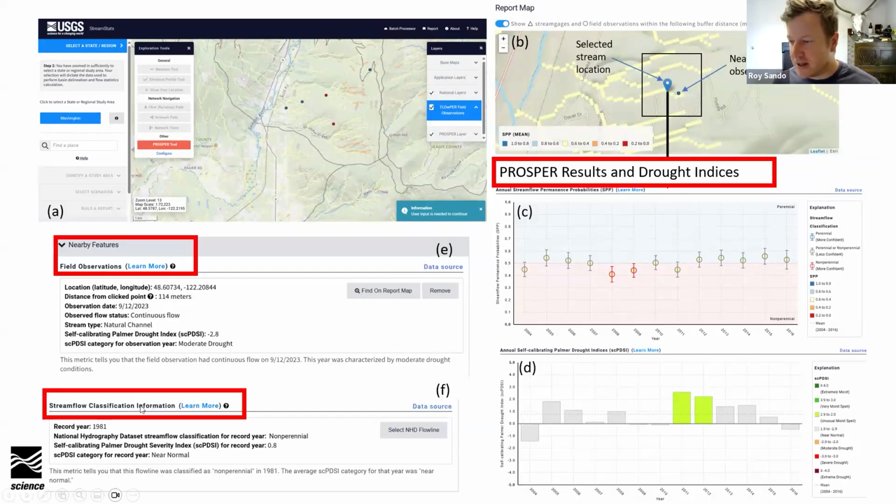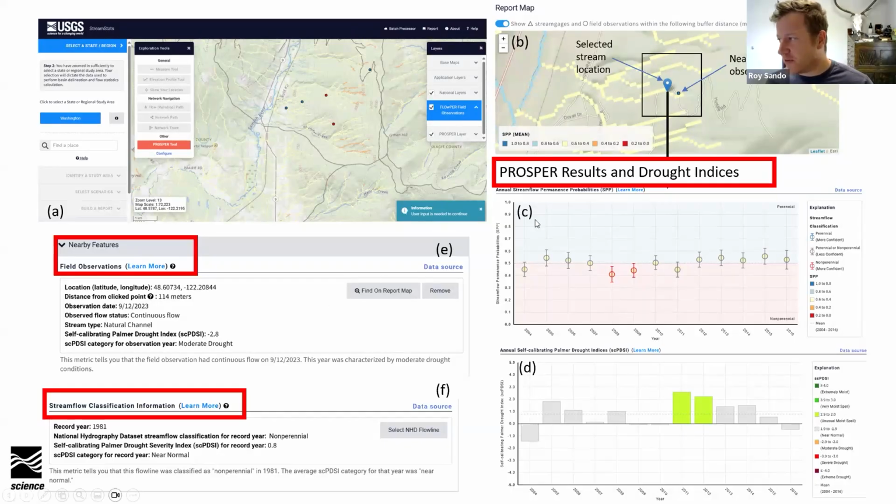You can see the NHD streamflow classification here in panel F. It'll show you what year the NHD classification was made. Typically, this record year is going to be sometime in the 1900s. And you can see the classification associated with that NHD reach. We also wanted to provide some climatic context for these observations, so we'll provide the Palmer Drought Severity Index for the year of observation associated with NHD.